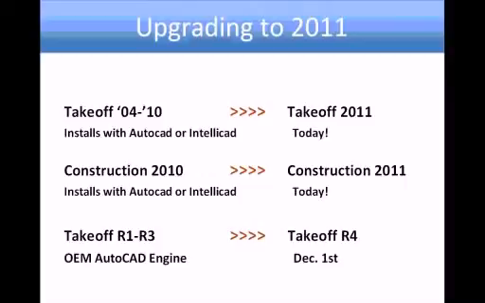Carlson Construction, which was first introduced last year, same thing, that's going to be available starting today. And Carlson R1 through R3, or T1 through T3. If you have any of those versions, that's the version that has the AutoCAD OEM engine built inside of it. We'll be coming out with a T4 release by the end of the year.